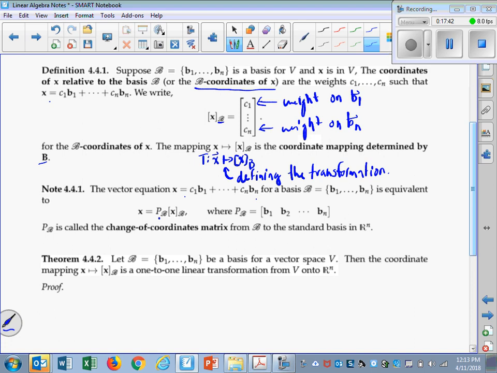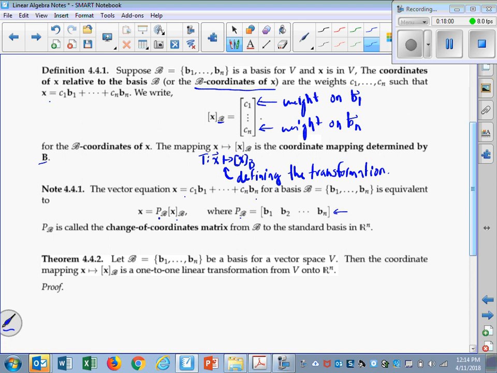So what is P sub B? It is the matrix with just the basis vectors as columns. If you take all of those basis vectors and slap them in as columns in some matrix, that gives you the P sub B matrix.